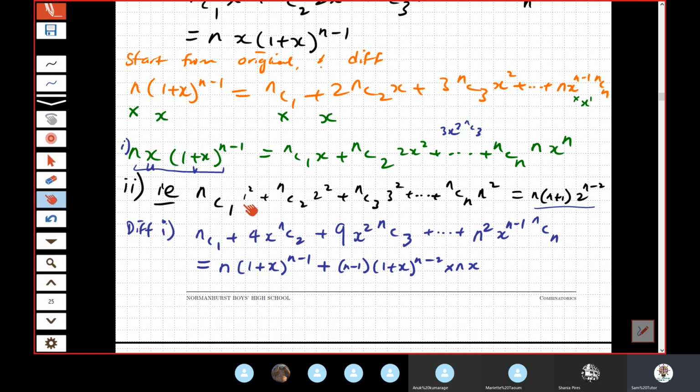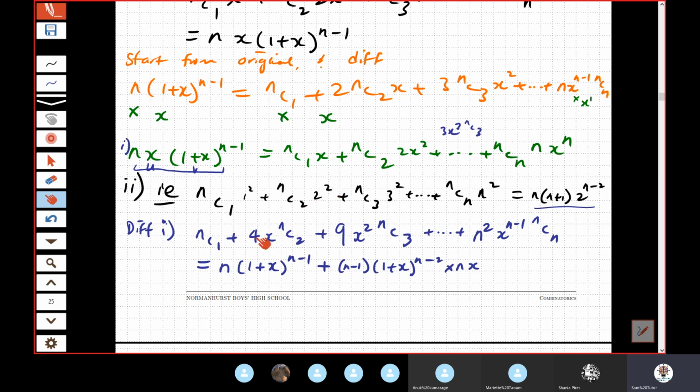Anyone see what x equals? What is x equal to? Look at this.